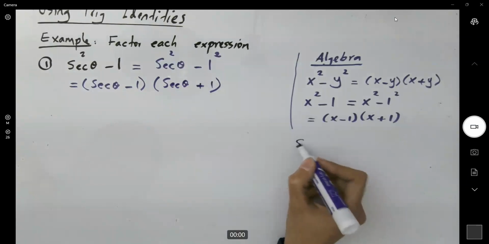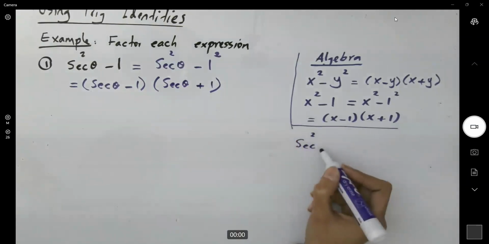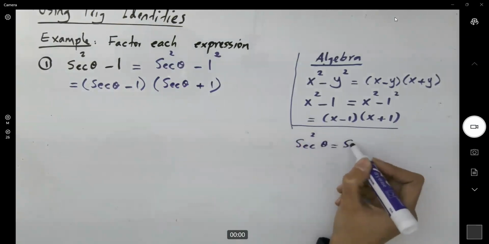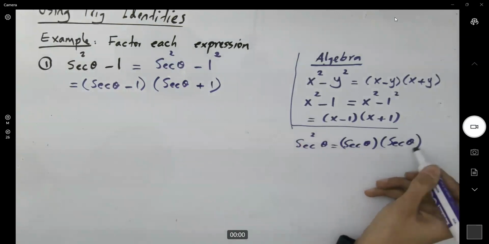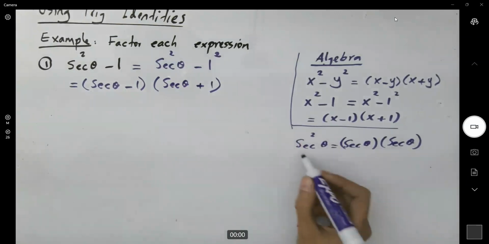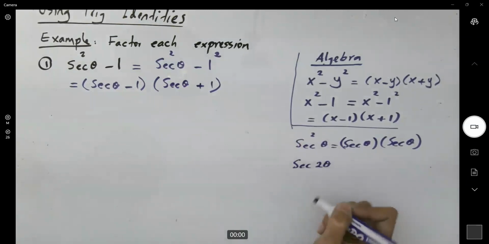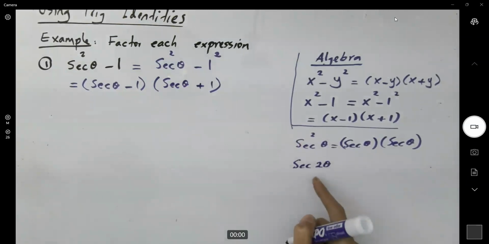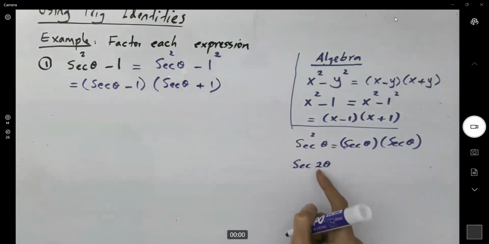Remember that, guys, another reminder. Secant squared of theta is nothing but secant of theta times secant of theta. It's different from secant 2 times theta. This one says my variable is theta and I'm multiplying my variable by 2.